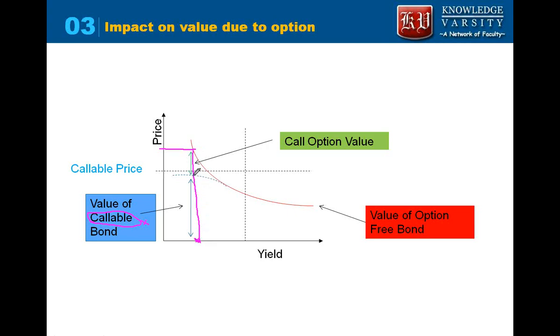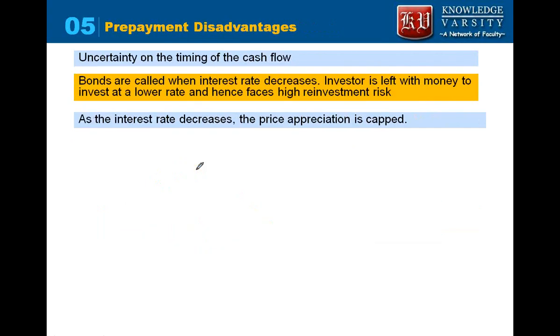But due to the presence of a call, you are getting only this price. So this benefit you are losing because of the callable option. So for an investor, this price appreciation is lost. So these are the disadvantages of prepayment.